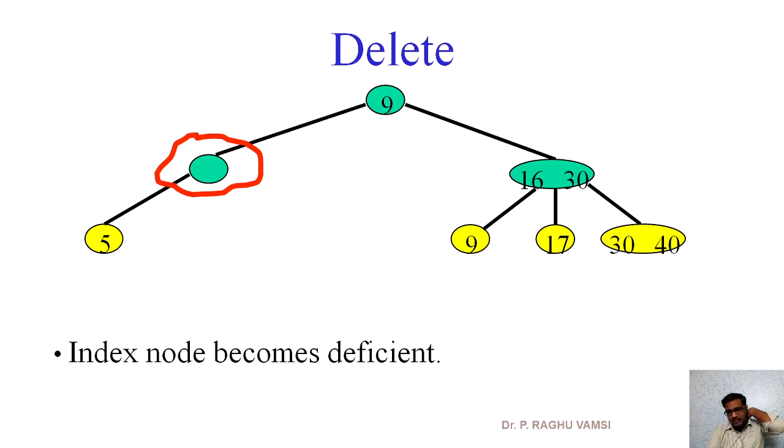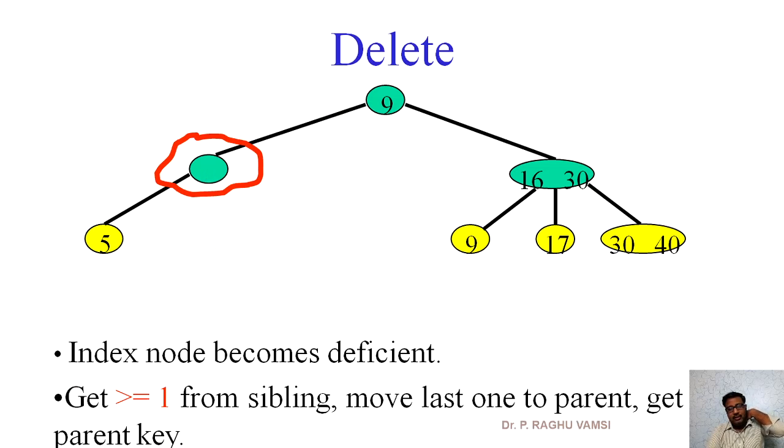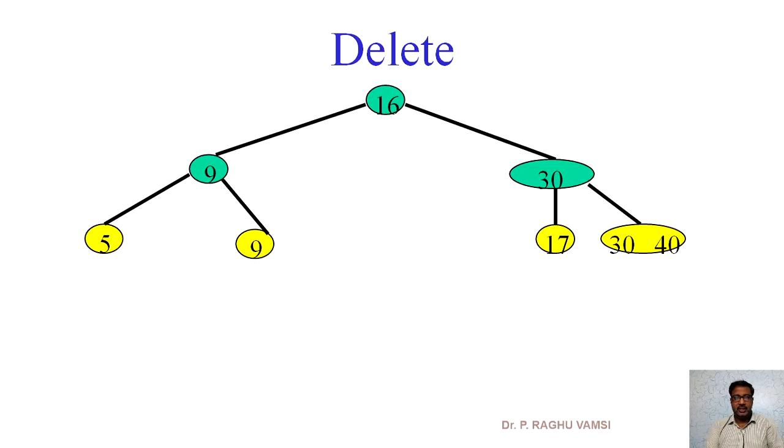Index node becomes deficient now. So get one sibling, move the last one to the parent, get the parent key.